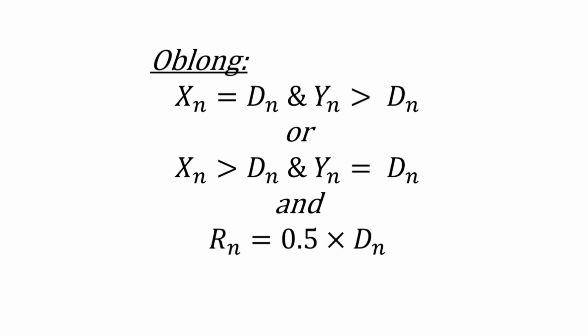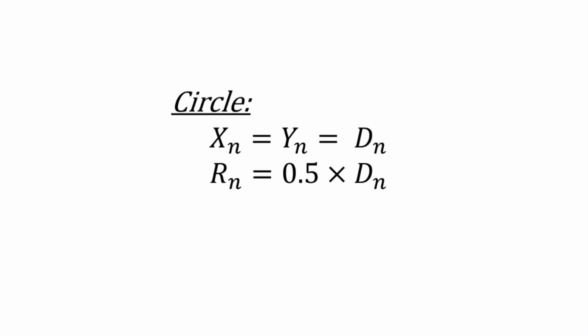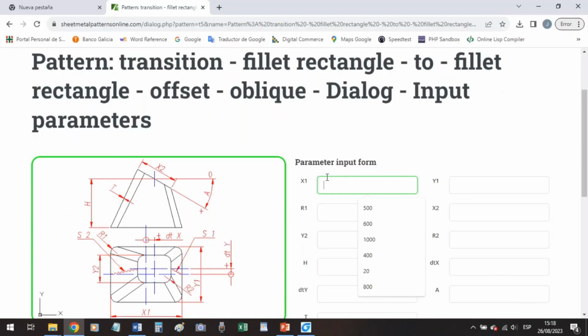And for the circle top, we need to enter both x and y the same, equal to the circle diameter, and the fillet radius equal to half of the diameter.